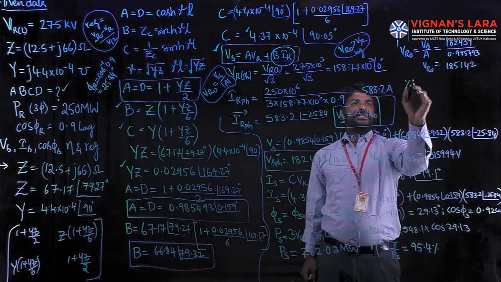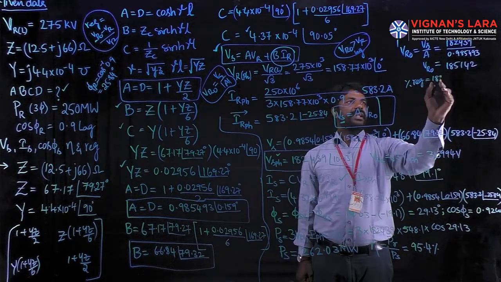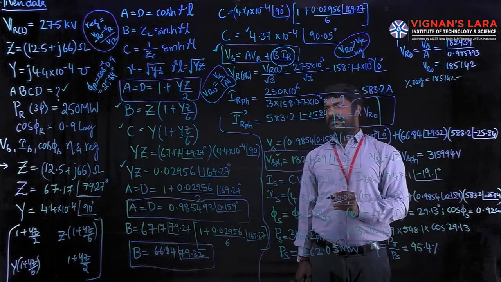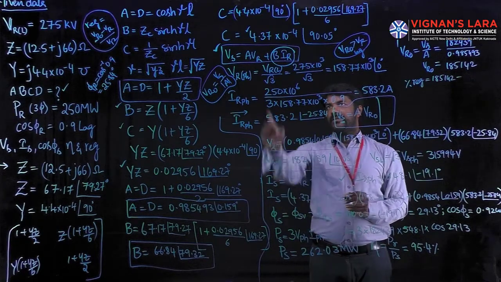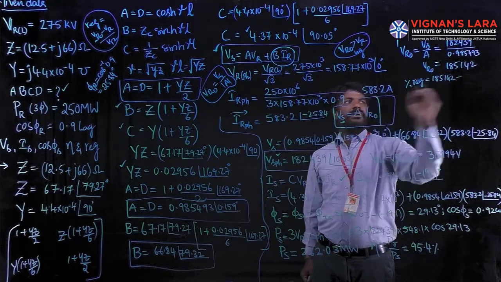Then the percentage regulation is equal to VR0 minus VR, divided by the full load voltage. VR0 is 185,142 and VR is 158.77 into 10 power 3.